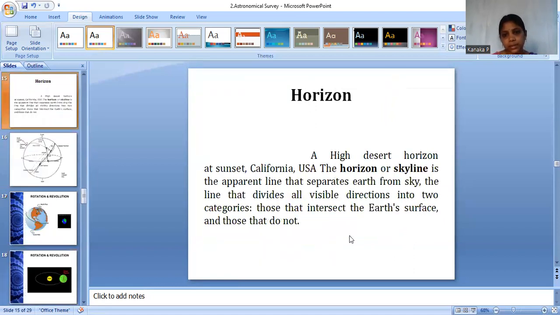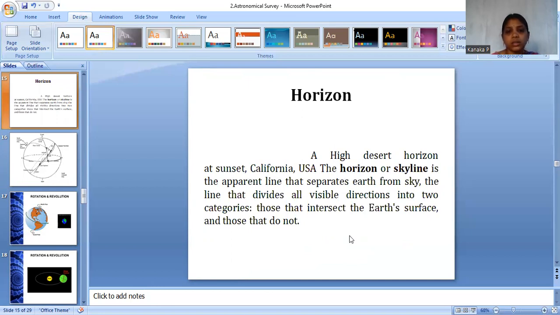So next one is horizon. A high desert horizon in California, USA. The horizon or skyline is the apparent line that separates Earth from the sky. It's the line that divides all visible directions into two categories: those that intersect the Earth's surface and those that do not.